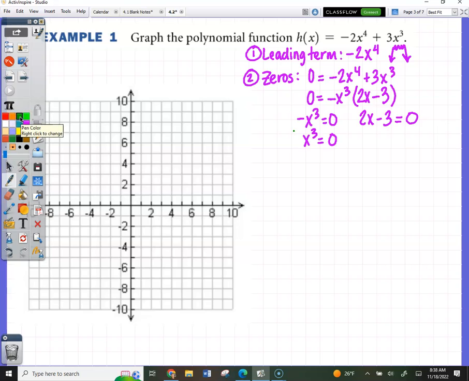It's just 0 though. Right? You're just cube rooting 0. What's the cube root of 0? 0. Now, because it was a cube, that's the equivalent of x times x times x. So what type of multiplicity do we have here? We've got a multiplicity of 3.